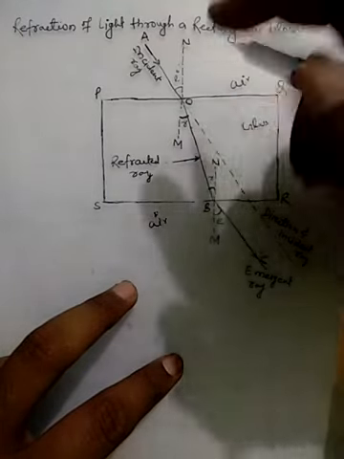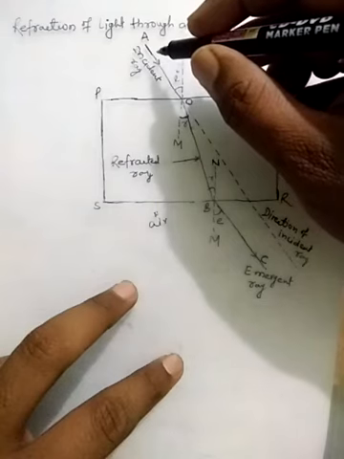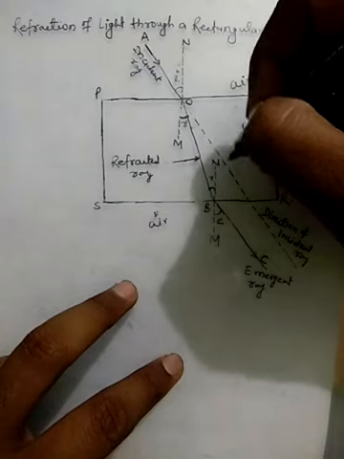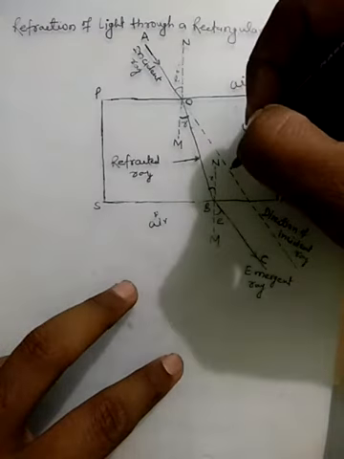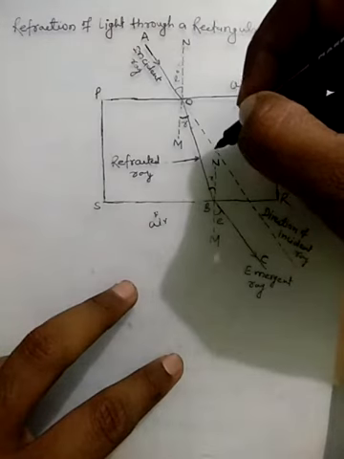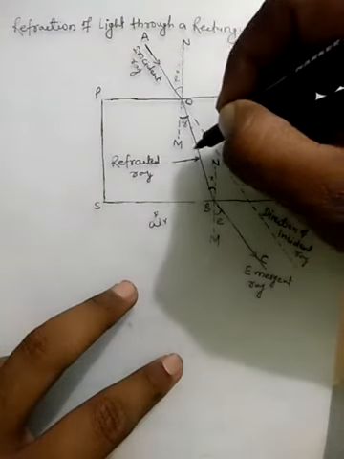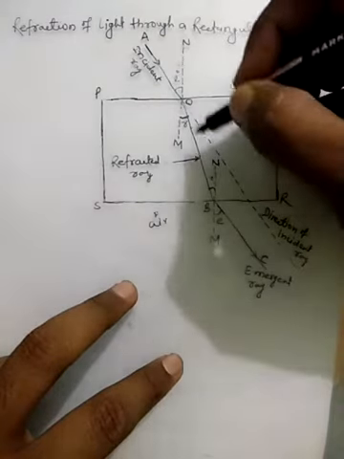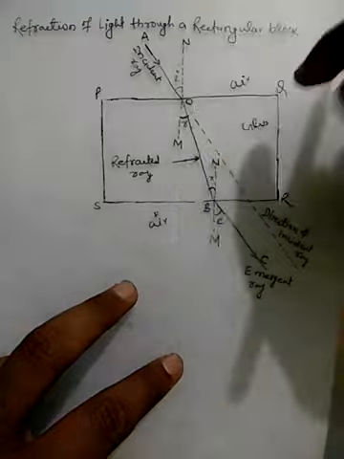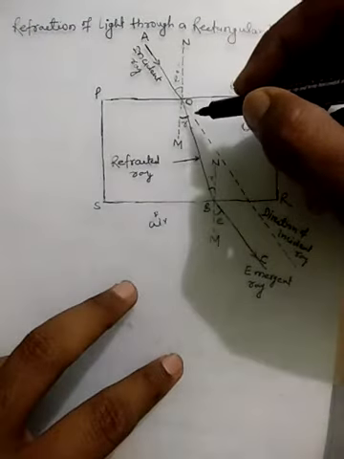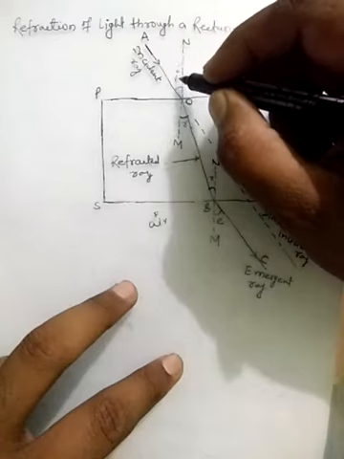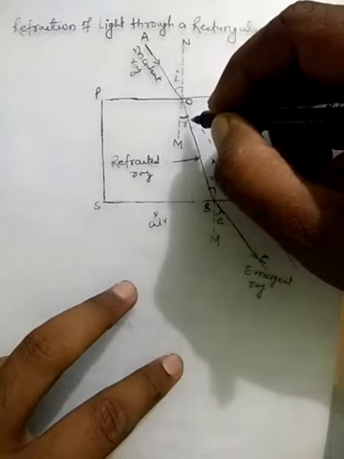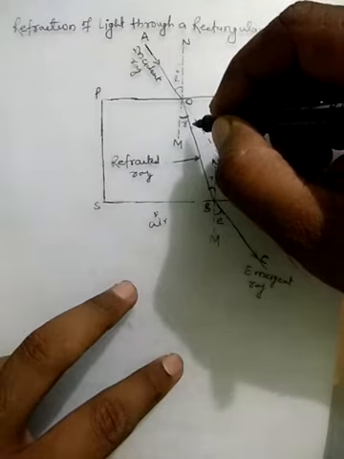From this diagram, this is the path of the incident ray, but the refracted ray is slightly bent towards the normal. OB represents the refracted ray in the glass medium, and here I is the angle of incidence and R is the refracted angle or angle of refraction.